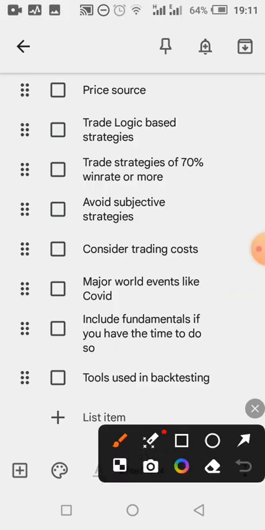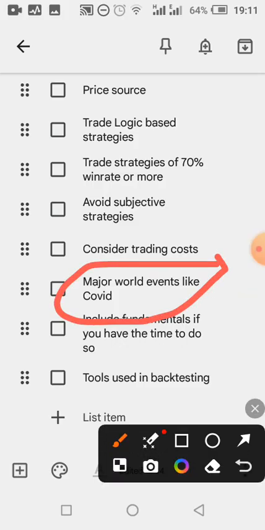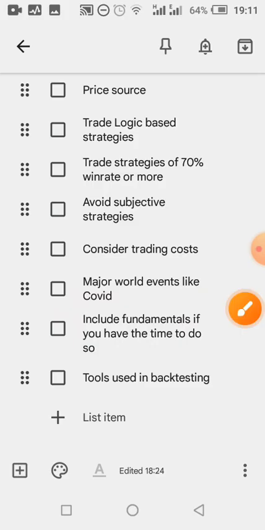Now, also, you must know that there are certain major world events which can affect backtest results within the charts, like the time when there was the COVID pandemic.